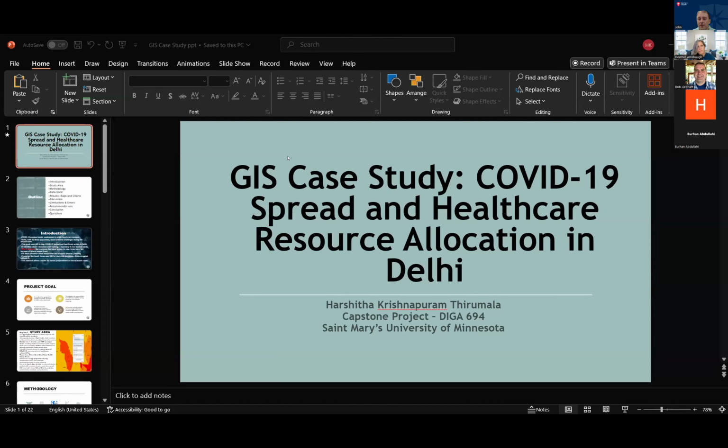So Harshita's embarked on a journey that has taken her through a little bit of the healthcare sciences, in addition to what are some of the opportunities and tactics that we can use to examine different types of healthcare needs and assessment of those needs from a spatial dimension.